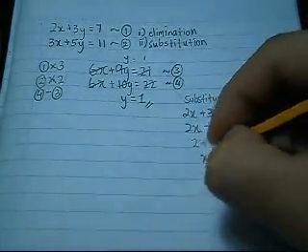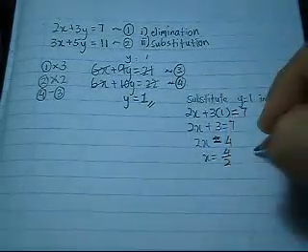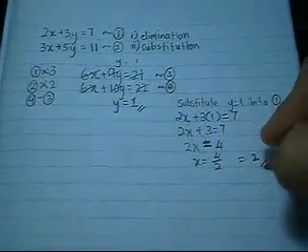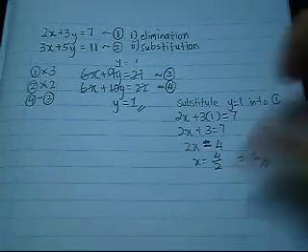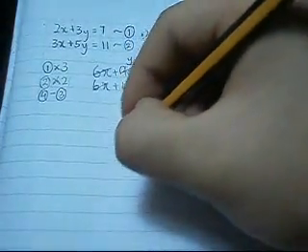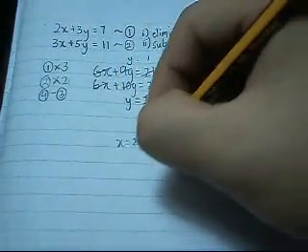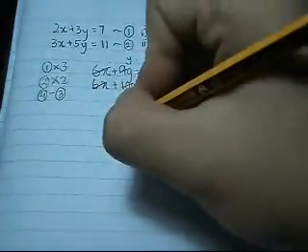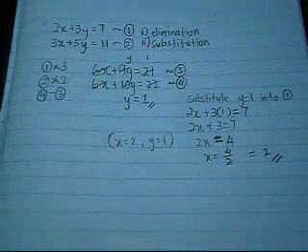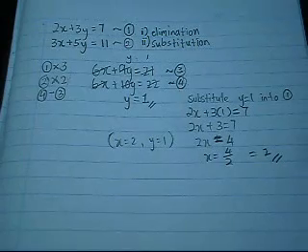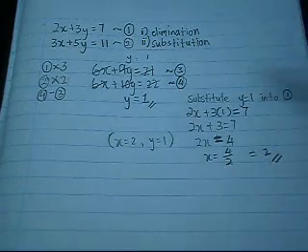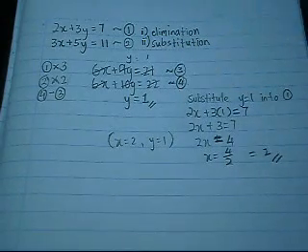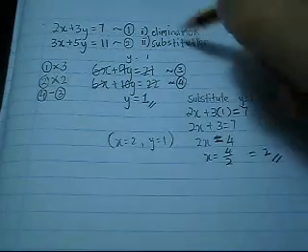And x equals 4 divided by 2, which equals 2. So x is 2. You can write x equals 2, y equals 1. This is what you're going to get. In that case we already did the first way, which is elimination.